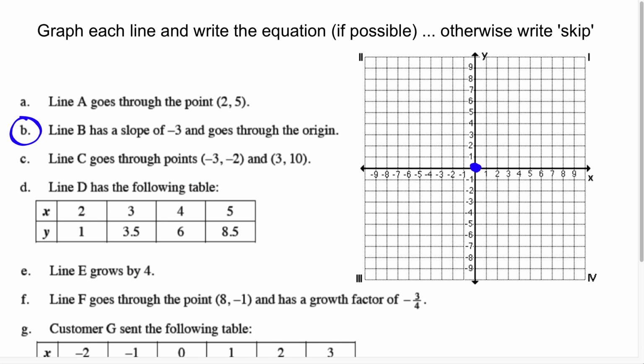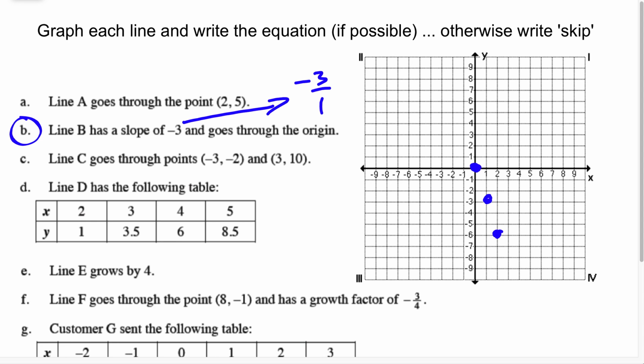Line B, slope of -3 goes through the origin. So now we have an ordered pair. We can, from this point, use our slope of -3, which is -3/1, which means we are going down 3, right 1, down 3, right 1.